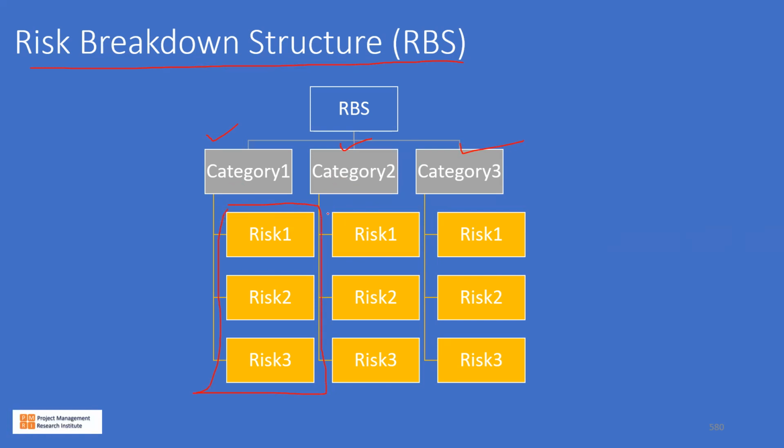Cost-related risk, if that is category 2, can be grouped here. And scope-related risk, if that is category 3, can be grouped here. There can be further things like manpower-related risk, supplier-related risk, contract-related risk. So it's up to the project to decide. So this is an example of a risk breakdown structure.